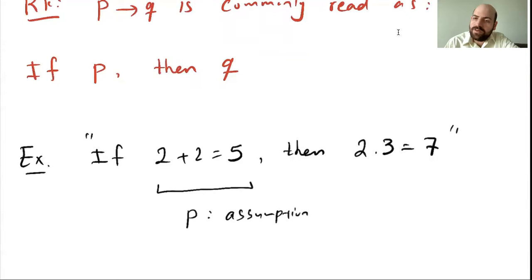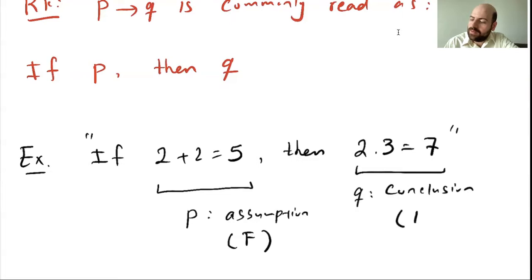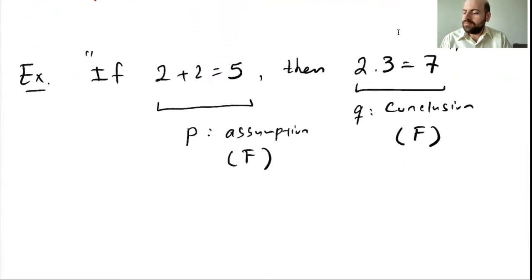Is that true or false? 2 plus 2 equals 5 is false. And this one is called the conclusion. I denote it with Q, and this one is also false.